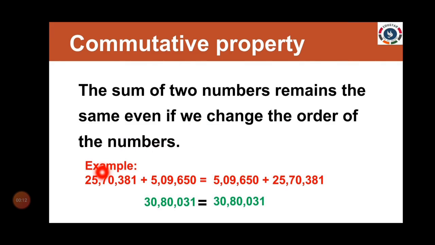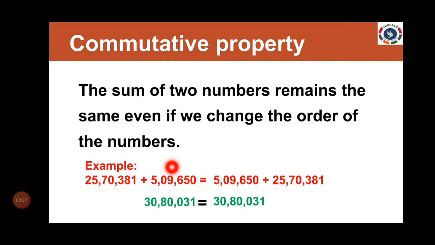For example, 25,70,381 plus 5,09,650 is equal to 5,09,650 plus 25,70,381. See here, the first number, 25 lakhs on the left side, the same 25 lakhs is present on the right side in the second place.